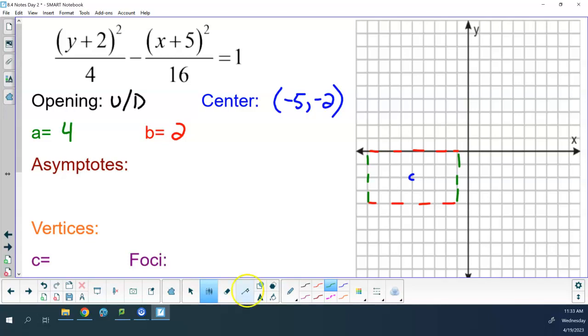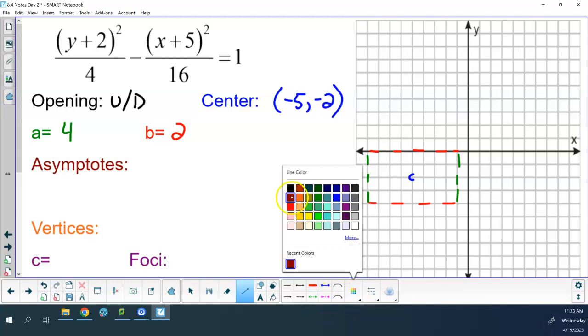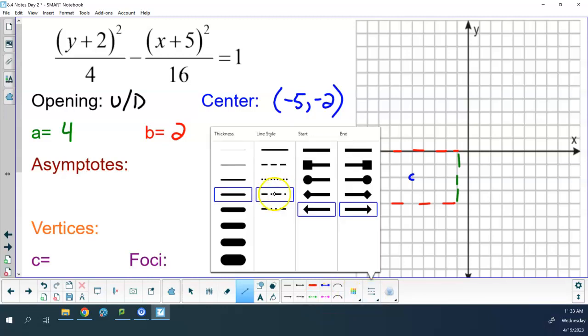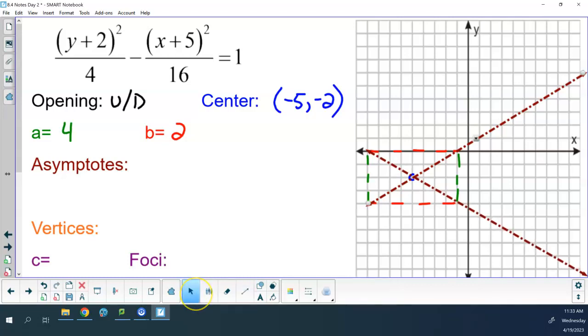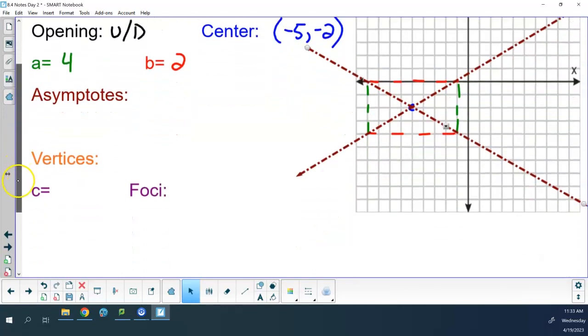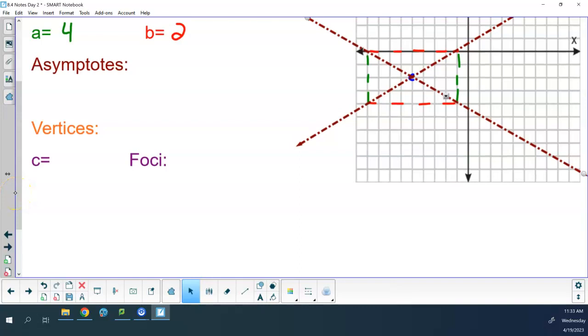Then I can draw in my asymptotes. Then I need to figure out the equations of said asymptotes.